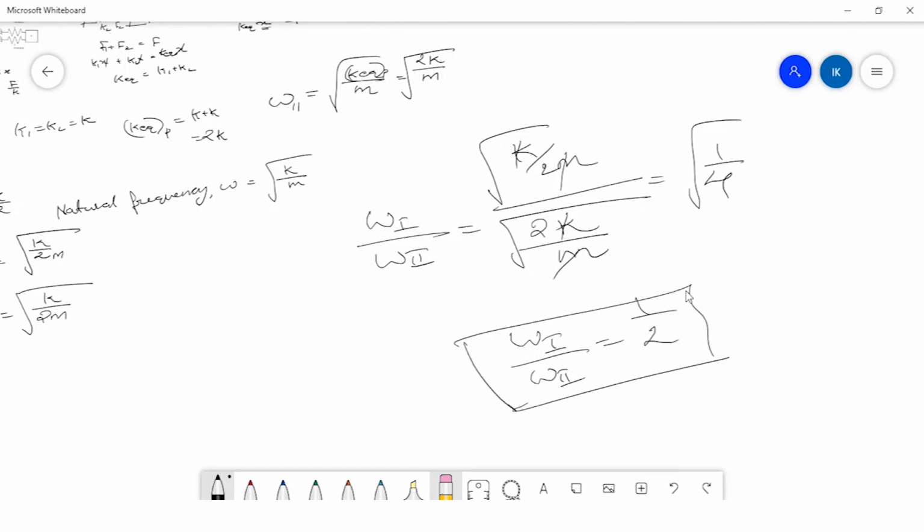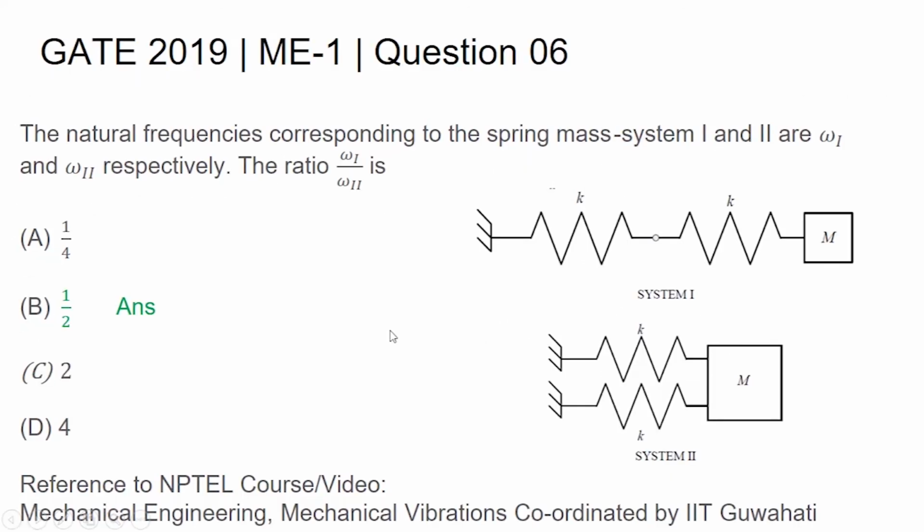Therefore, the answer is 1 by 2. So for the sixth question of the Mechanical Engineering first set of the GATE 2019 question paper, the ratio of omega 1 by omega 2 is 1 by 2. For more reference and clarification, please refer to the NPTEL course Mechanical Engineering, Mechanical Vibrations, coordinated by IIT Guwahati. Thank you.